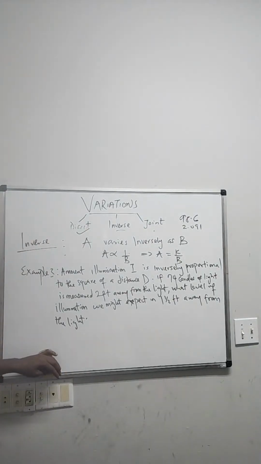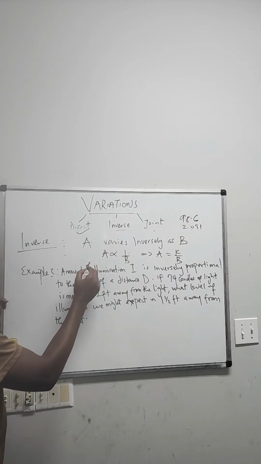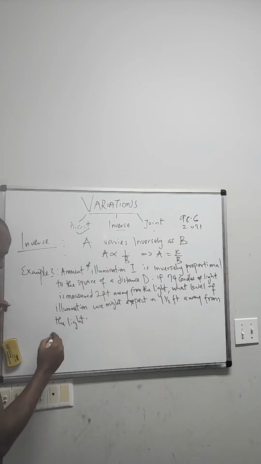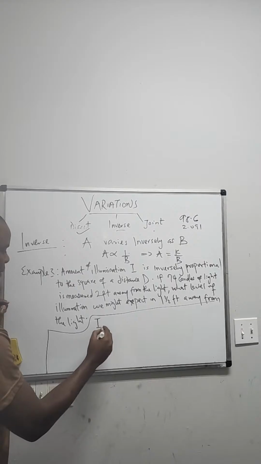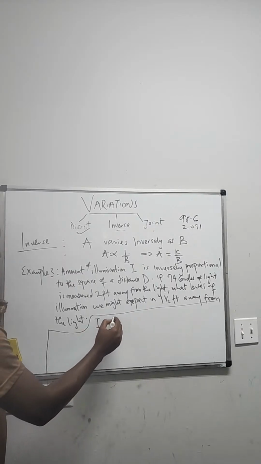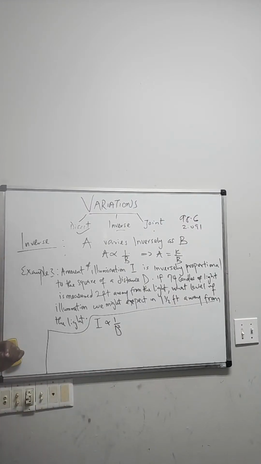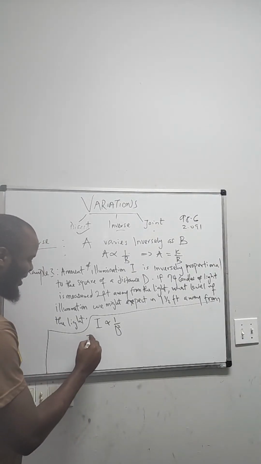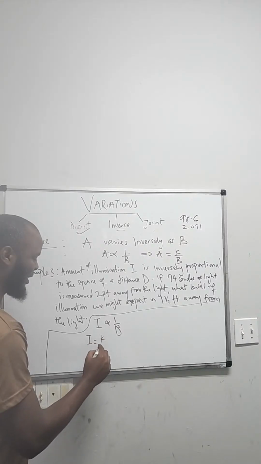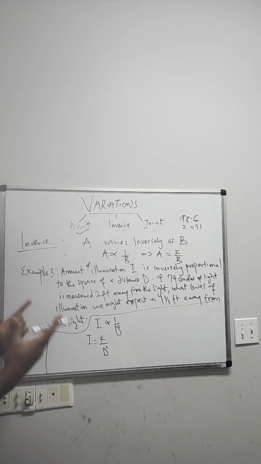Okay, let's see who's right and who's wrong. It says the amount of illumination I is inversely proportional to the square of the distance D. So here we have I equals K over D squared. Sometimes we use square root, we use cube roots. I mean, different, not just a direct problem.